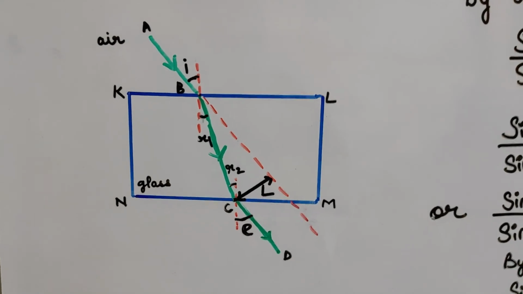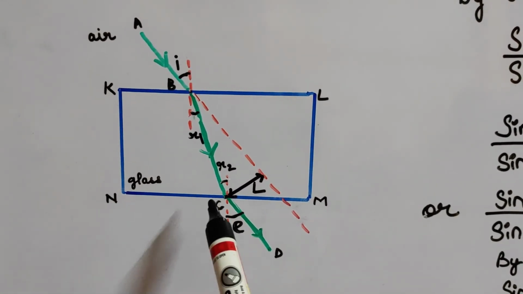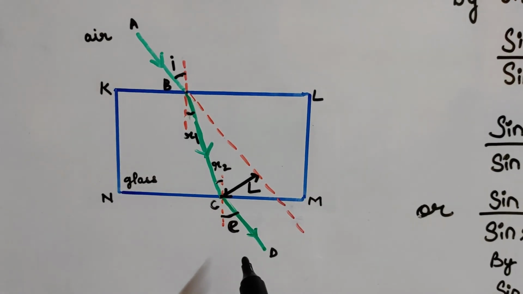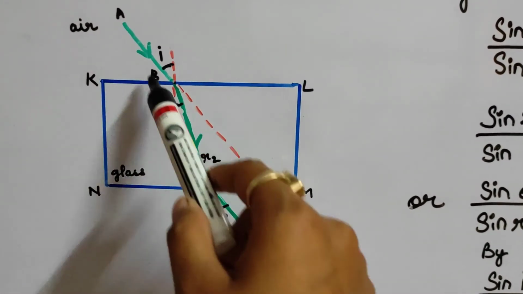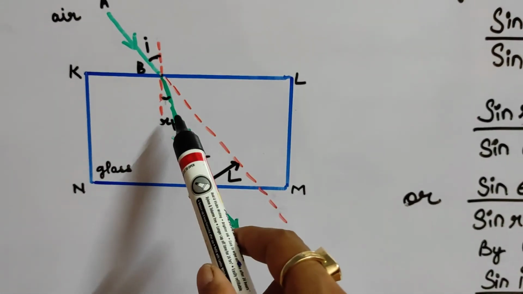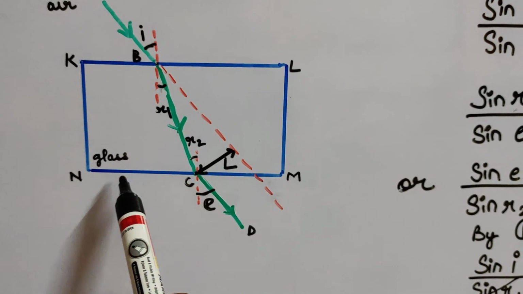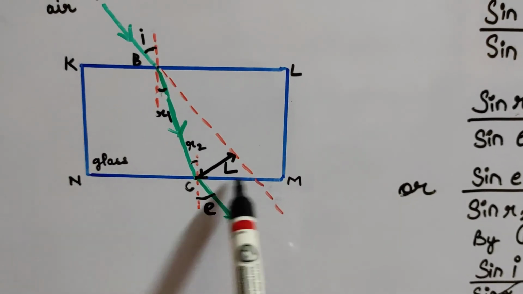After the second refraction, the angle of incidence and angle of emergence were equal. Why is this happening? Because the bending of the ray at the air-glass interface KL is equal and opposite to the bending of the ray at the glass-air interface MN.